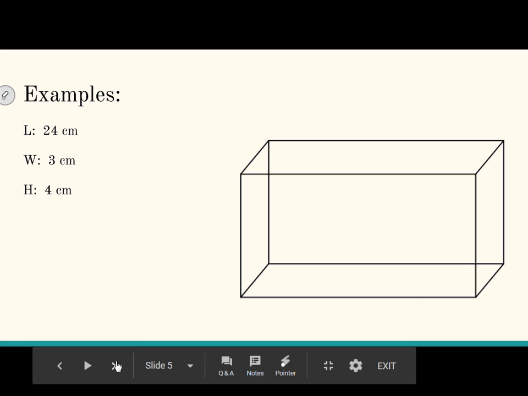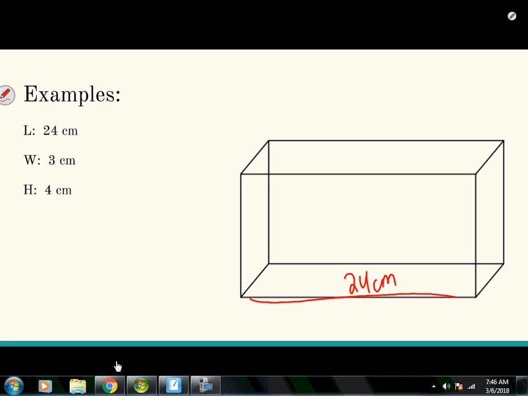Let's do another example. We have a length of 24 centimeters. We have a width of 3 centimeters and a height of 4 centimeters. Take those three numbers, multiply them together. We have 24 times 3 times 4.